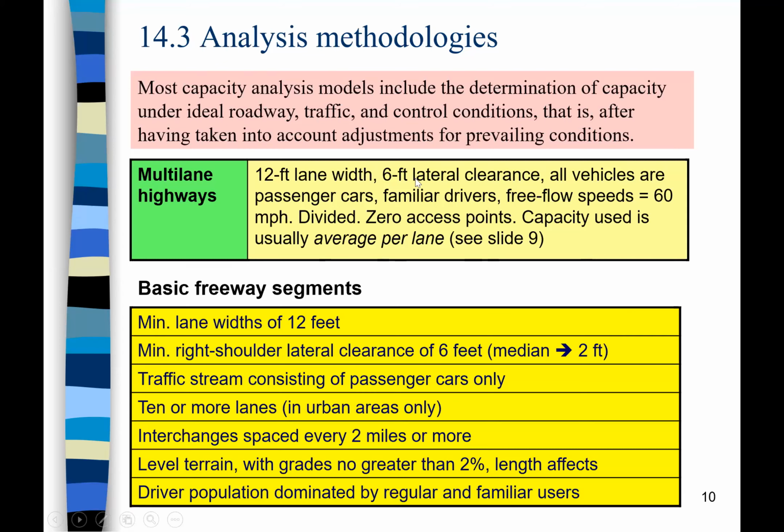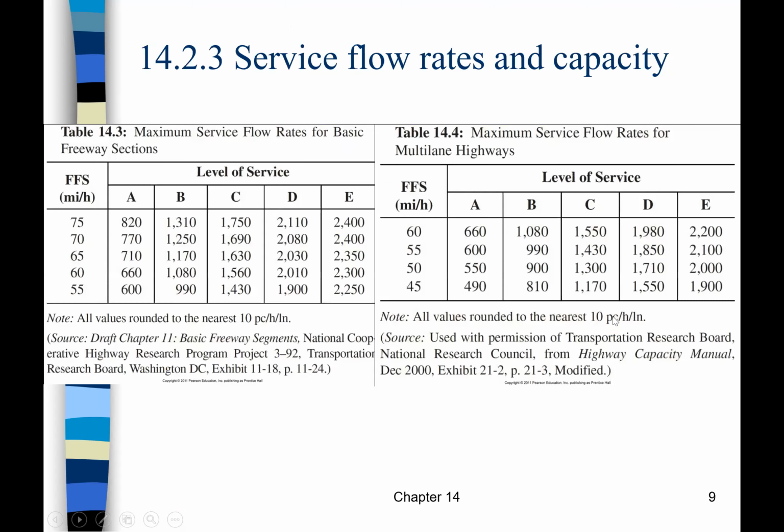For multi-lane highways, the ideal condition is a 12-foot lane with 6-foot lateral clearance. All vehicles are passenger cars with familiar drivers. The free flow speed is 60 miles per hour and the road is divided, with no access points at all. The capacity will be shown according to this one.